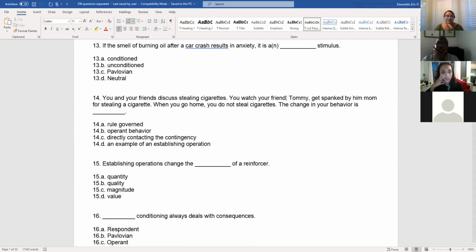If the smell of the burning oil after a car crash results in anxiety, it is a dash stimulus. Conditioned, unconditioned. Anxiety, smell of burning oil. Is it asking about the smell of the burning oil or the anxiety? It's pairing the smell.